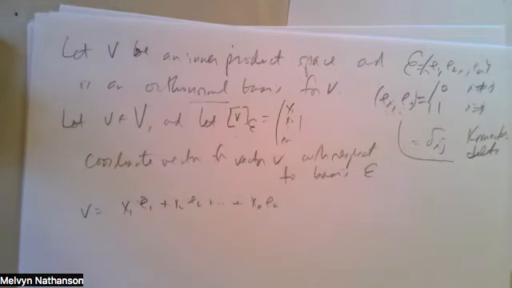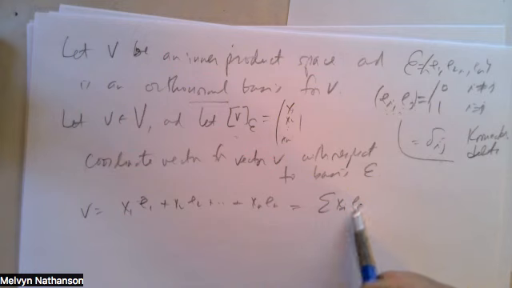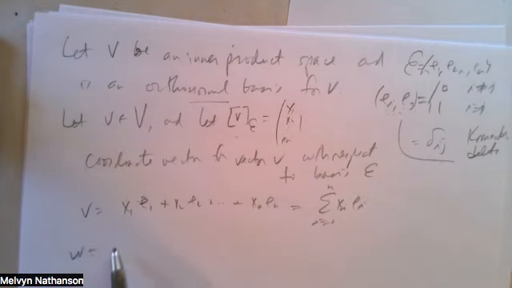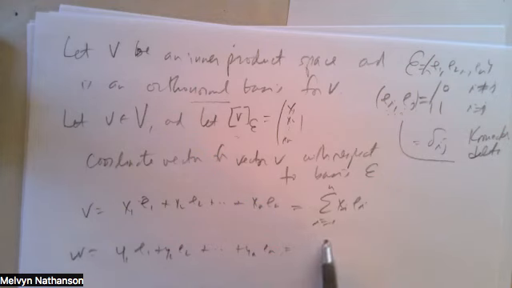But what's very nice about an orthonormal basis is if you have two vectors, say v is this linear combination, summation xi ei, i goes from 1 up to n, and w is another vector, y1 e1, y2 e2, up to yn en, which I can write as summation yj ej, j goes from 1 up to n.